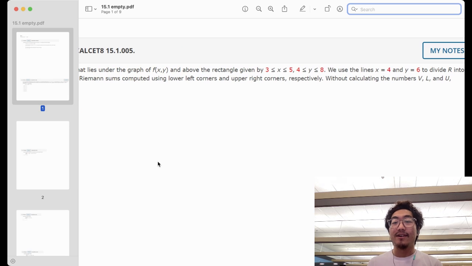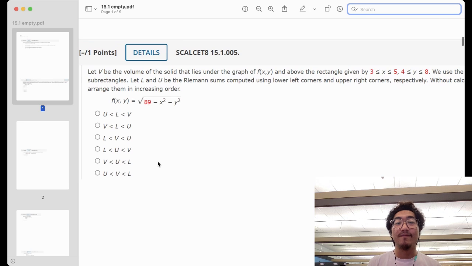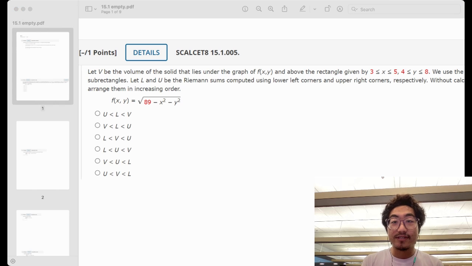We use the lines x equals 4 and y equals 6 to divide the region R into subrectangles. Say you try to evaluate a double integral here but don't know how to get started. Here's what you can do.